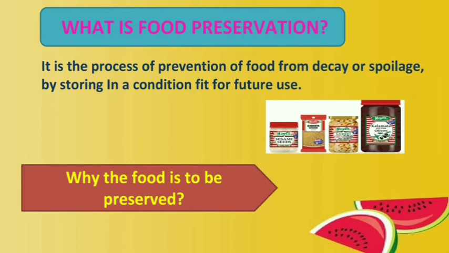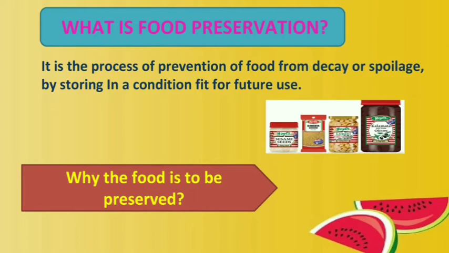The methods of food preservation. Among the oldest methods of preservation are drying, refrigeration, and fermentation. The modern methods include canning, pasteurization, freezing, irradiation, and the addition of chemicals.